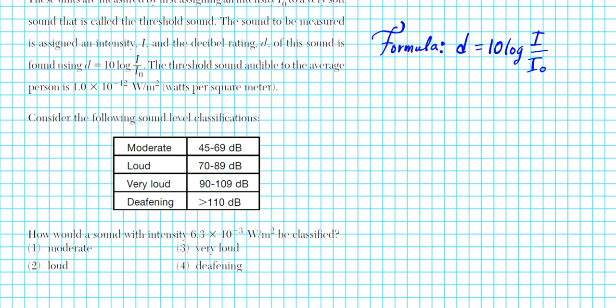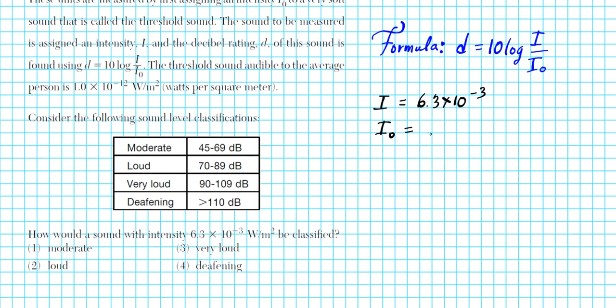Okay, so let's see what we have and what we need. I is the sound intensity that you're trying to classify. So in this case, it's going to be 6.3 times 10 to the negative 3. I sub 0, on the other hand, is called the threshold sound, that humans can hear.